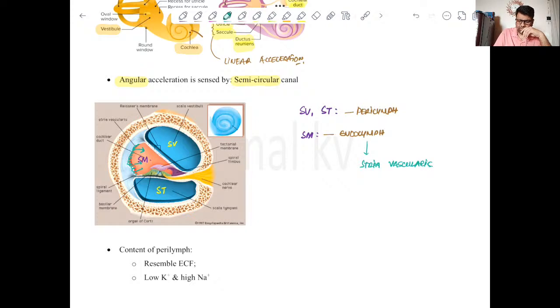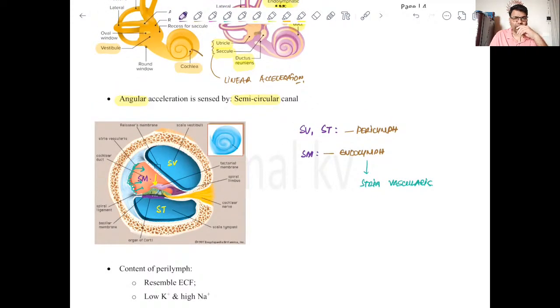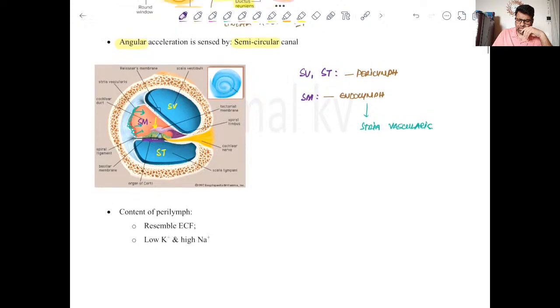And then we can also see the organ of hearing, that is the organ of Corti, which is resting over a basilar membrane. Clear? So this is the arrangement of structures in the cochlear duct, right? Then perilymph is similar to ECF, and endolymph is similar to ICF in composition.